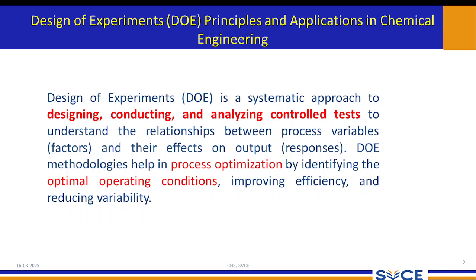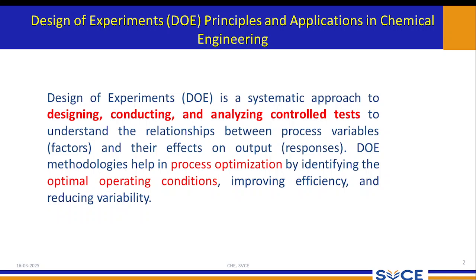In order to conduct design of experiments, the purpose is to analyze the variables and their effects and to optimize the process. So DOE methodologies help in process optimization by identifying the optimal operating conditions.